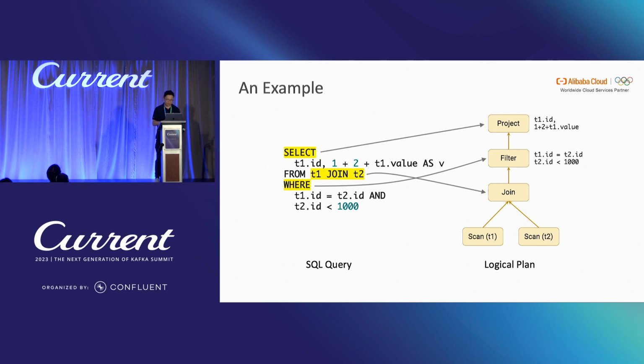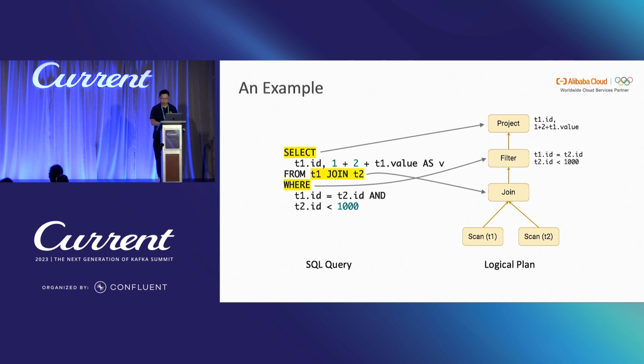On the left-hand side, it is a simple join query that joins T1 and T2 with a condition. On the right-hand side, it is the parsed initial logical plan. You can see T1 and T2 are parsed into scan nodes, the join operation is parsed into a join node, the where clause is parsed into a filter node, and the select clause is parsed into a project node.